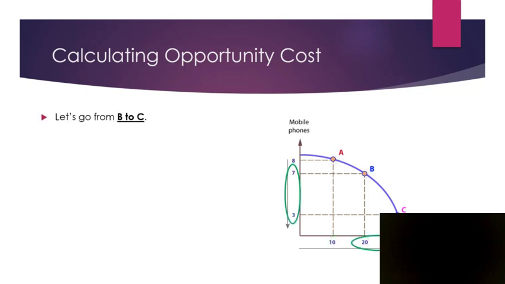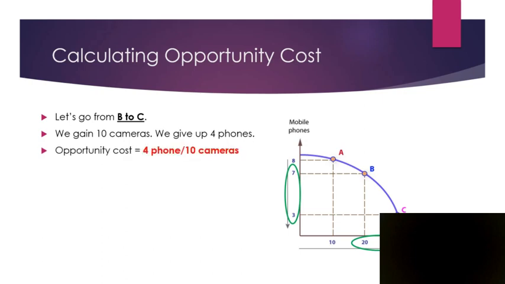Let's now go from B to C. Same thing that we did before. Do you agree we gained 10 cameras, right? We went from 20 to 30, but we give up 4 phones because we went from 7 to 3. So the opportunity cost here is 4 phones are given up in order to gain 10 cameras.